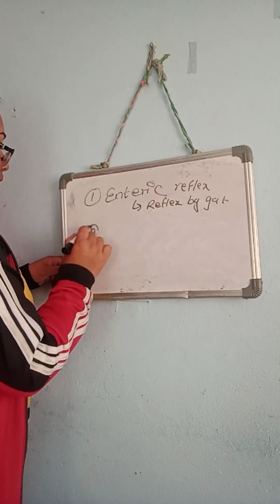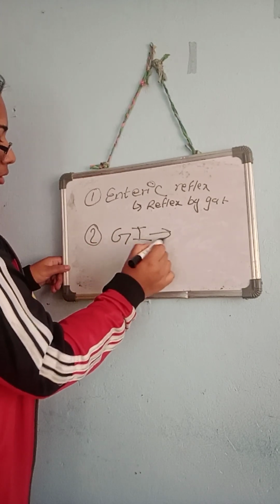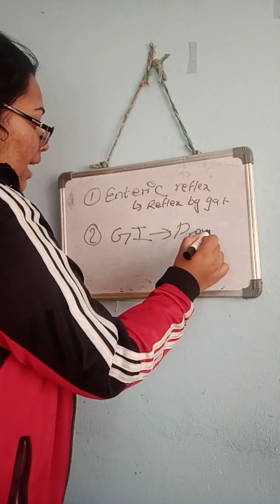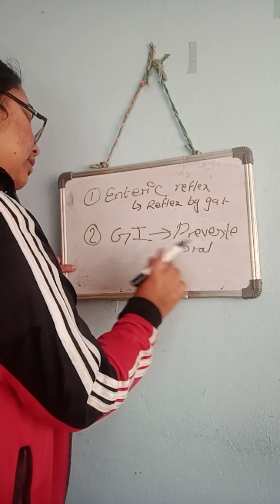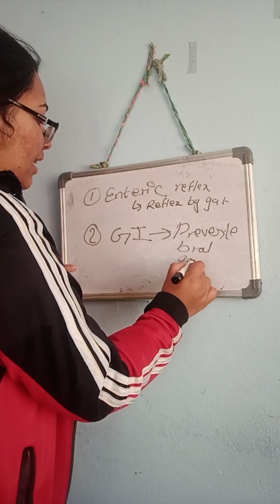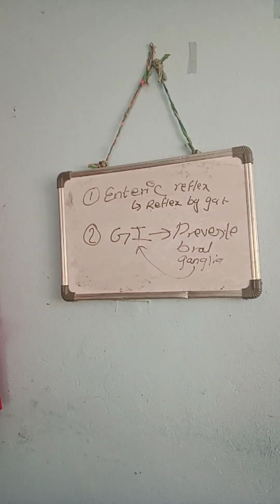Now we will come to the reflex from the gut to the prevertebral sympathetic ganglia and then again back to the GI tract. So from the enteric or GI system to the prevertebral ganglia and again back to the GI system.